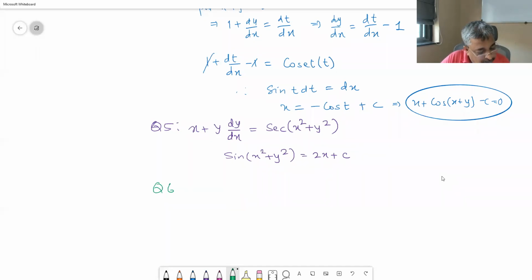And I think the time is also getting over. dy by dx is equal to 4x plus y plus 1 bracket square. Check. What is the solution?